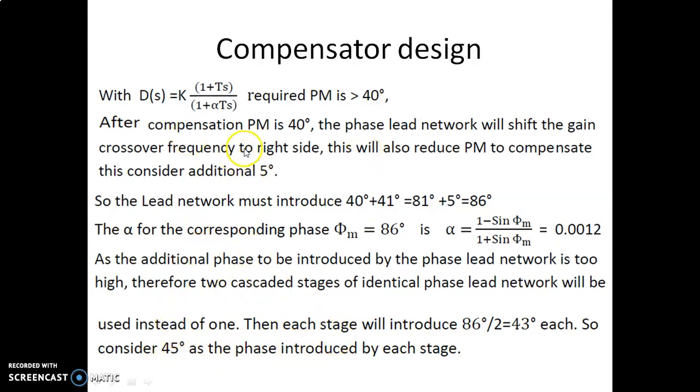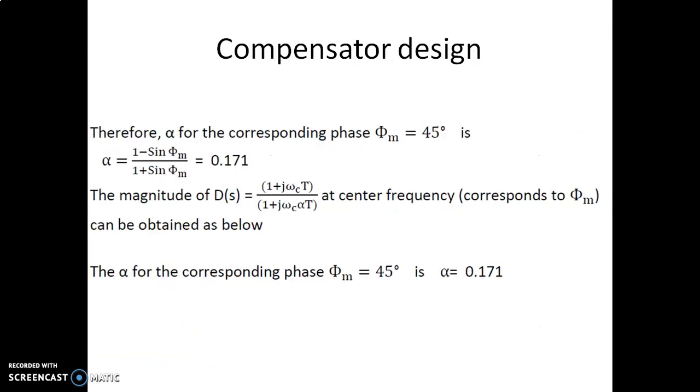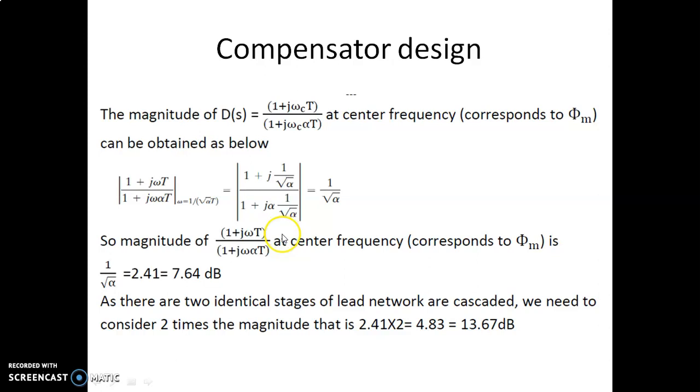So let us start designing the phase lead network which can give 45 degrees as the phase lead. To have 45 degrees as the additional phase from the phase lead network, the value of alpha comes out to be 0.171.